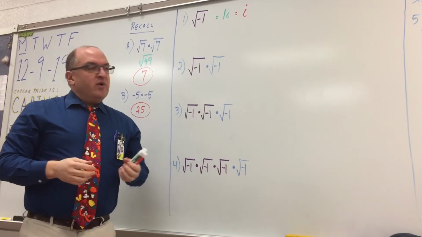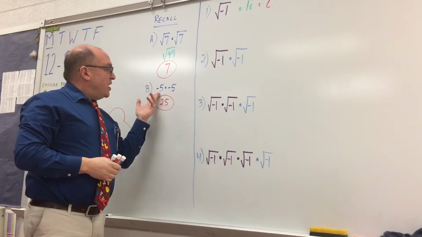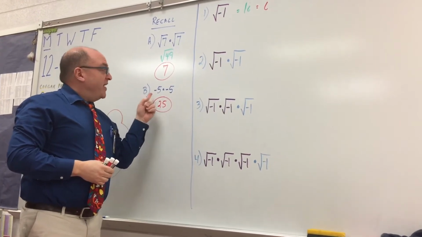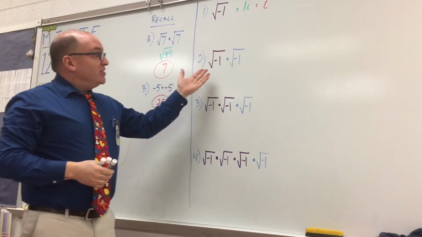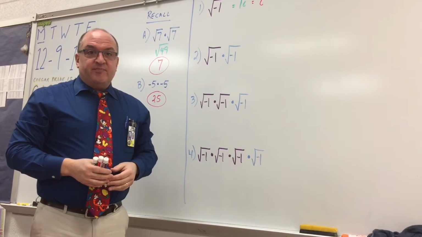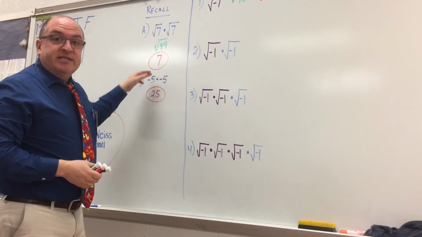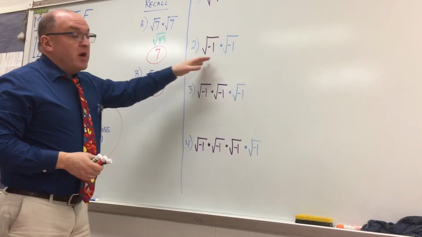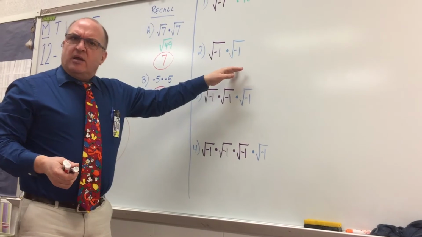Now, here's where it gets a little dicey, because we talked about negative 5 times negative 5 is positive 25. But when you're taking the square root of a negative times the square root of a negative, remember how we said square root of 7 times square root of 7 is 7? Well, square root of negative 1 times square root of negative 1 is negative 1.